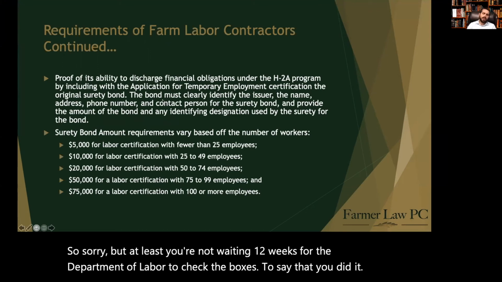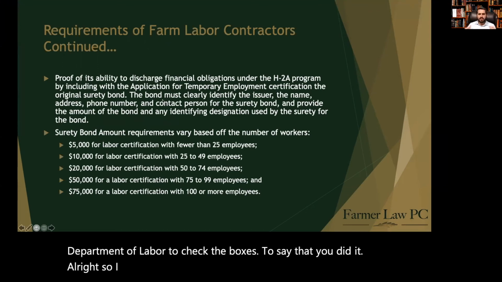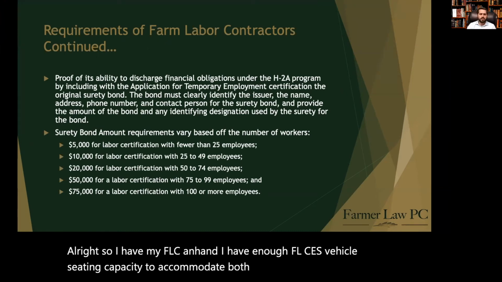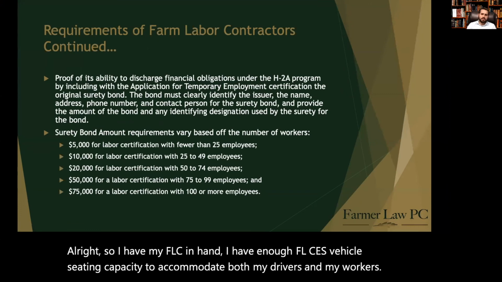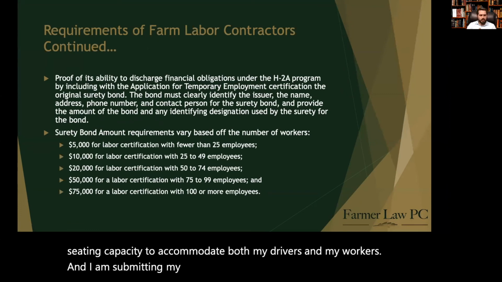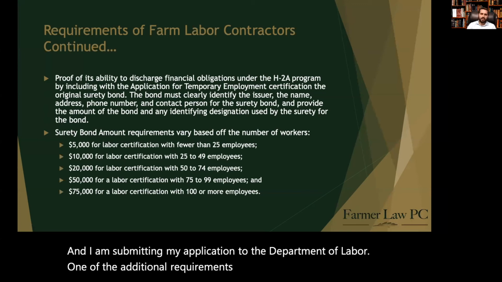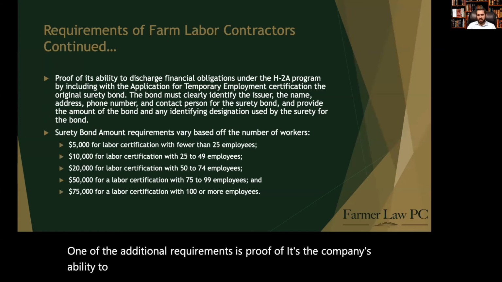All right. So I have my FLC in hand. I have enough FLCEs and vehicle seating capacity to accommodate both my drivers and my workers. And I'm submitting my application to the Department of Labor. One of the additional requirements is proof of the company's ability to discharge financial obligations under the H-2A program.